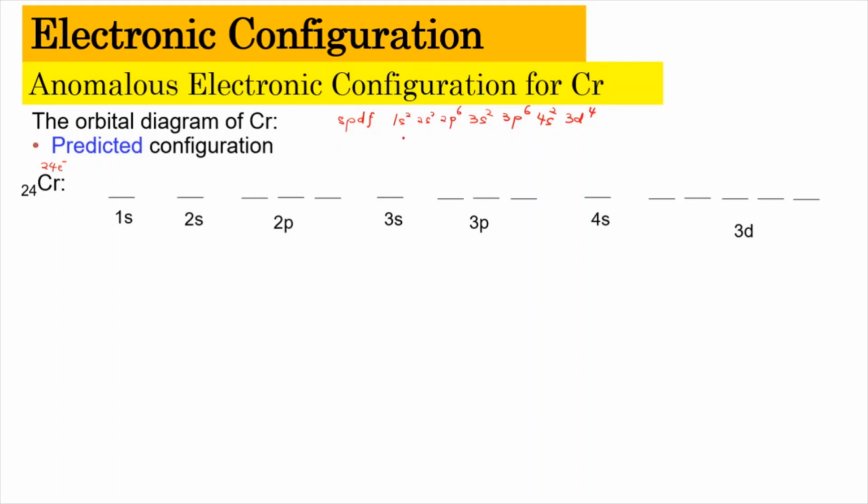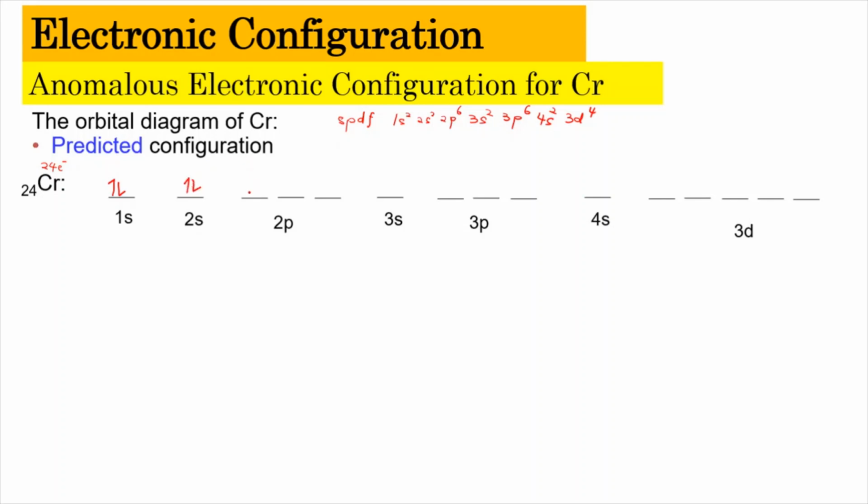From here we need to put it in terms of an orbital diagram in order for us to see the anomalous case more obviously. For the 1s orbital, we have 2 electrons, so we write 1 and 2. For 2s, 2 electrons, 1 and 2.